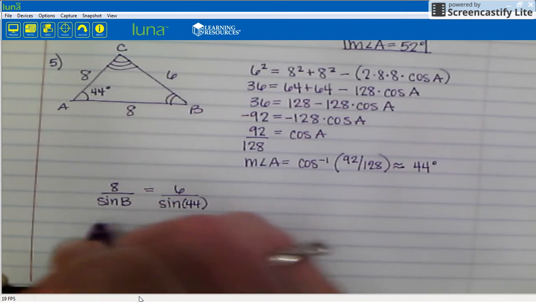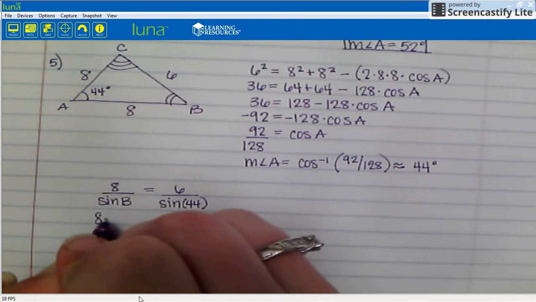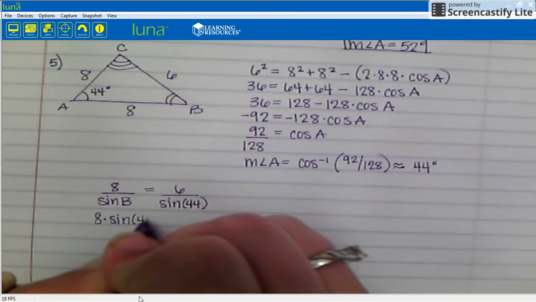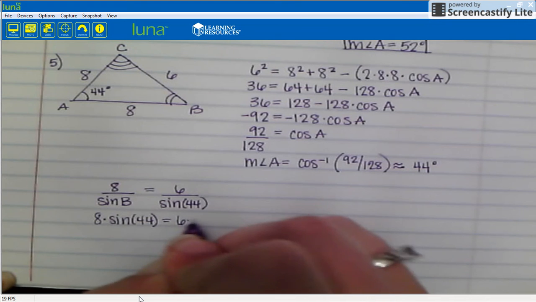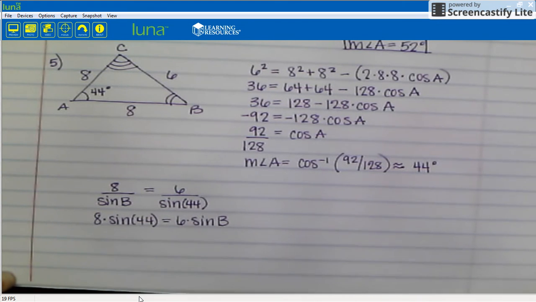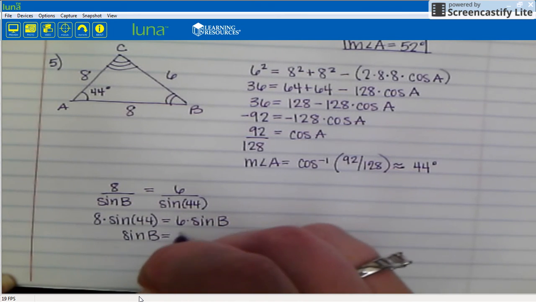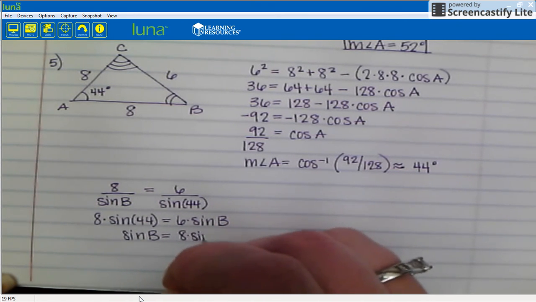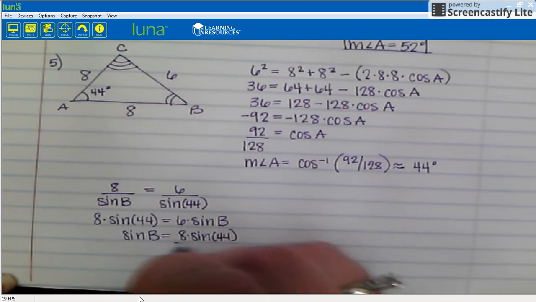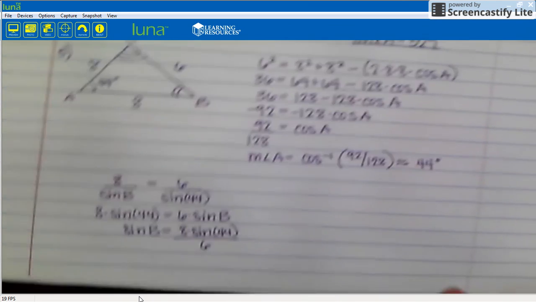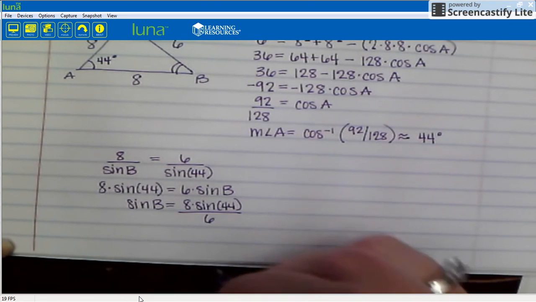So I have 8 times the sine of 44 is equal to 6 times the sine of B. I divide both sides by 6, so I have the sine of B is equal to 8 times the sine of 44 over 6. And then to solve for B, I'm going to take the inverse sine.